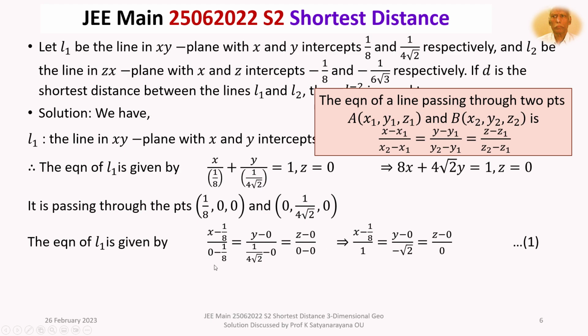Now in the denominator, multiply throughout by 8, which is the LCM of 8 and 4 root 2. So minus 1 by 8 multiplied by 8 will become minus 1, and 1 by 4 root 2 multiplied by 8 will be root 2, and 0. So this is the equation of L1 in this form.